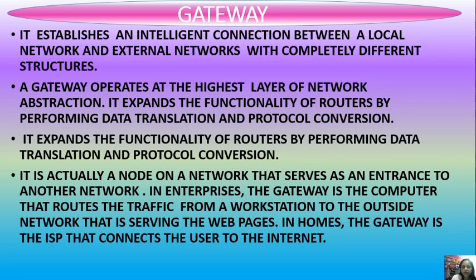Second point, a gateway operates at the highest layer of network abstraction, as we have seen in the second slide, that this gateway is a network layer device. In that OSI model we have seen that this gateway is a network layer device.